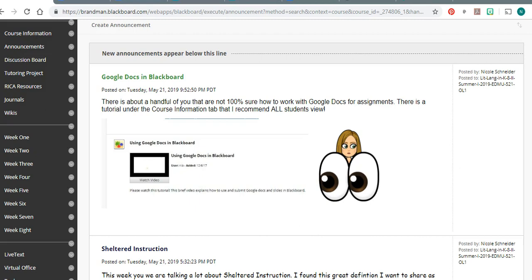You just want to copy the link. And you also don't want to have to put my email in to invite me. You just change the share settings so that anyone with Brandman can view. And then I'll be able to see it and I don't get an email. Okay? So take a look at that video just to clarify any misunderstandings.